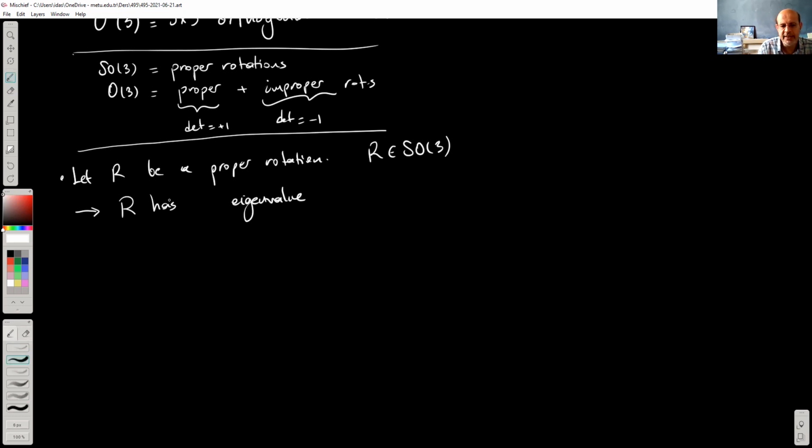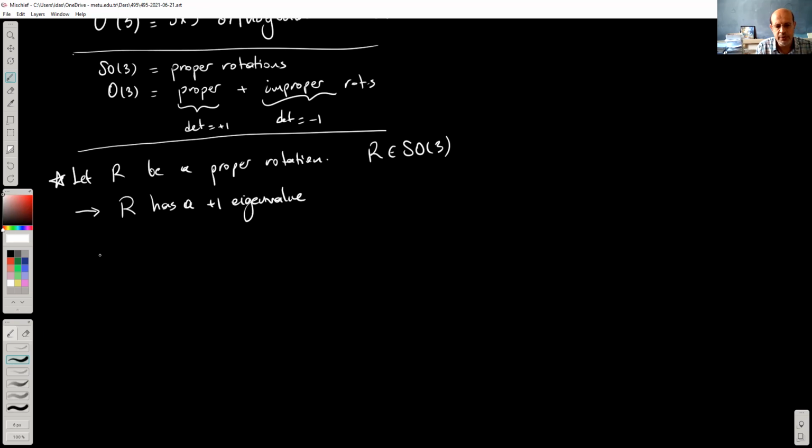Let me write it down like that. So one of the eigenvalues of that matrix is +1. I'm going to tell you the significance of that, because the corresponding eigenvector is basically the rotation axis, all right? So that's what I'm going to prove in here.